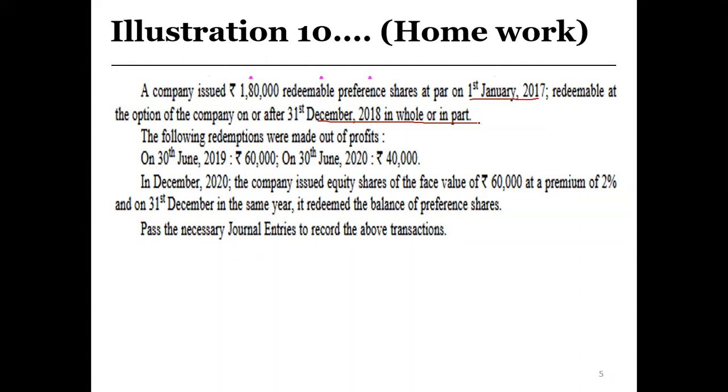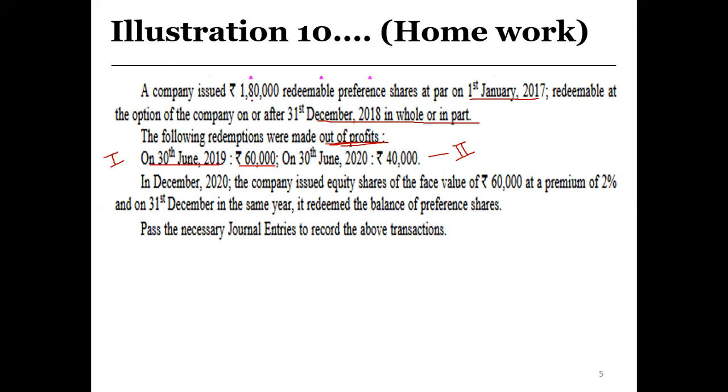Now the company has taken an option of part redemption. So the following redemptions were made out of profit. Out of profit means for this redemption we require to create CRR. So on 30th June 2019, first redemption of rupees 60,000 was made, out of profit, and the second part of redemption was of rupees 40,000. This is also out of profit.